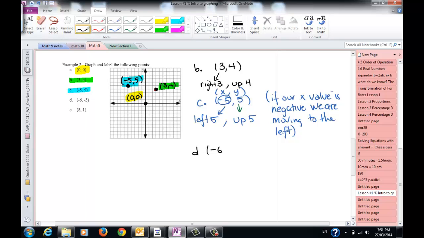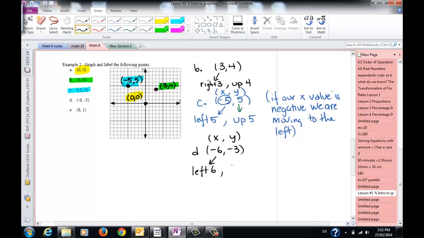D is negative 6, negative 3. So the negative 6 is telling me, it's my x value first and then my y value. X is horizontal, so I'm either going to be moving to the left or the right. This is telling me negative, which means I'm going to move left 6 units. My y value is vertical, so I'm either going to go up or down.